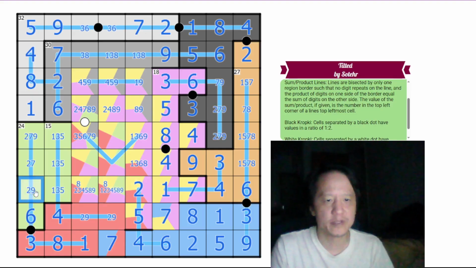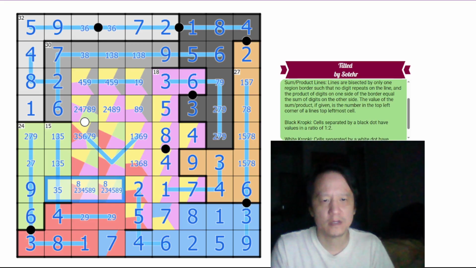This 2 eliminates 2 here, so it's 9. No 1. No 4. No 2. No 9. 3, 5, and 8. This cannot be red.